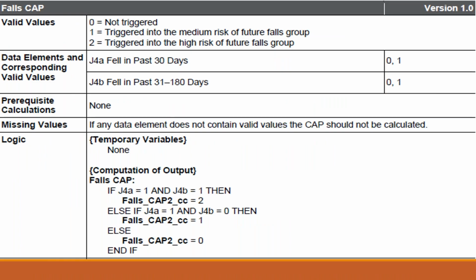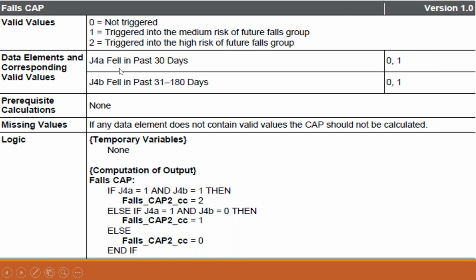But you can see here on the CAPS, all they're using is fell in 30 days or fell in 31 to 180 days, which, if you fell, then it's going to show you that you're at risk of falls, I guess, which seems to be pretty obvious. Not really much of a predictor of anything very useful.